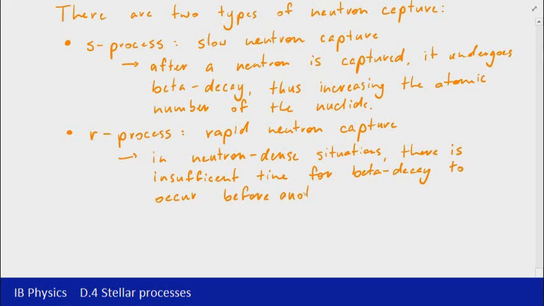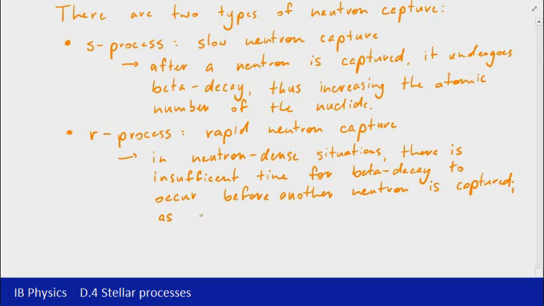So that then means that instead of having the beta decay occurring and then producing a new element, we end up with heavier nuclides of the same element.